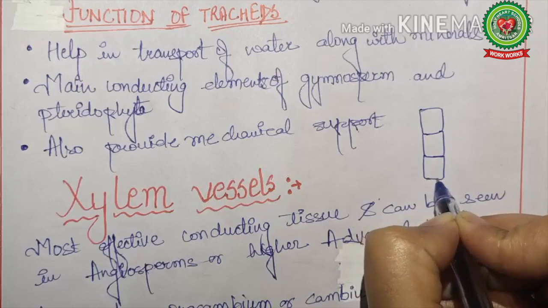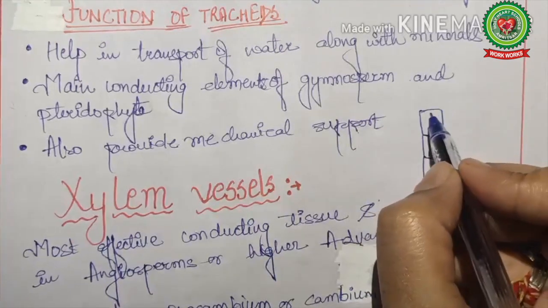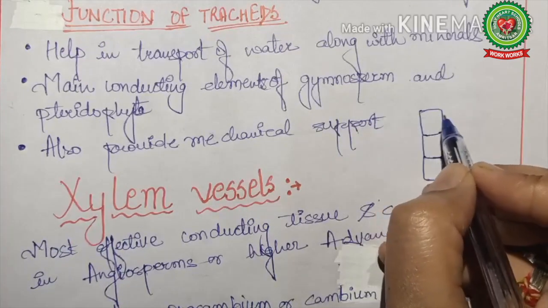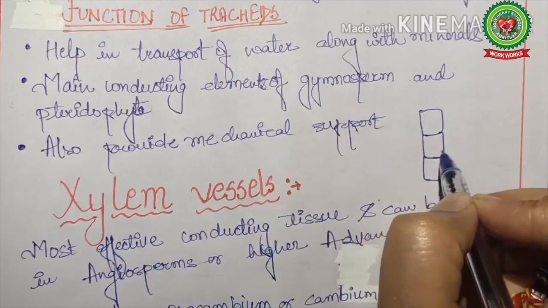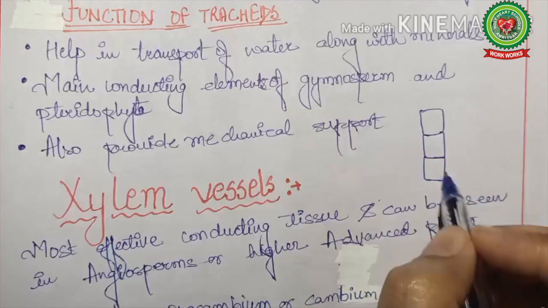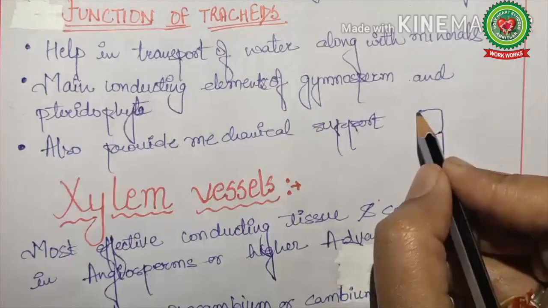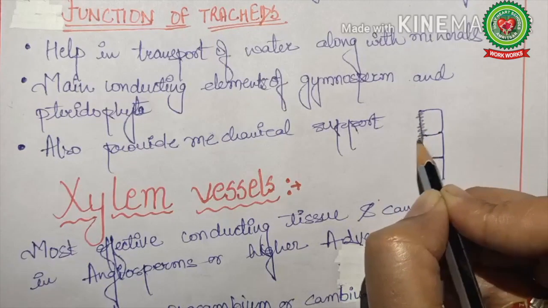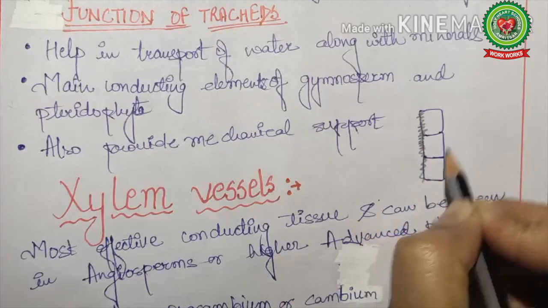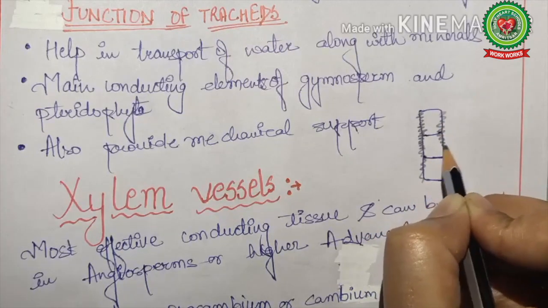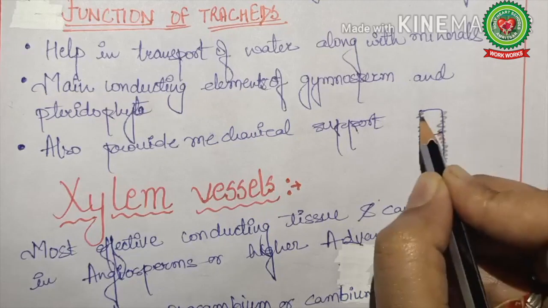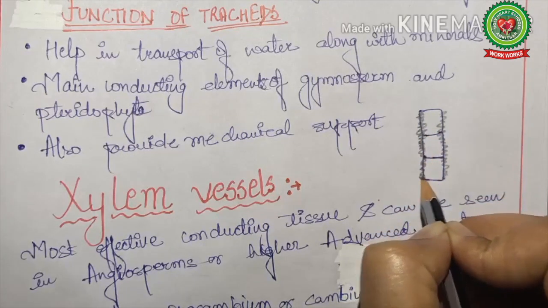end to end. Now, in these cells, lignification is controlled by the arrangement of microfibrils. Now, these microfibrils arrange themselves along the longitudinal wall. As these cells mature, they will have microfibrils along their longitudinal wall.